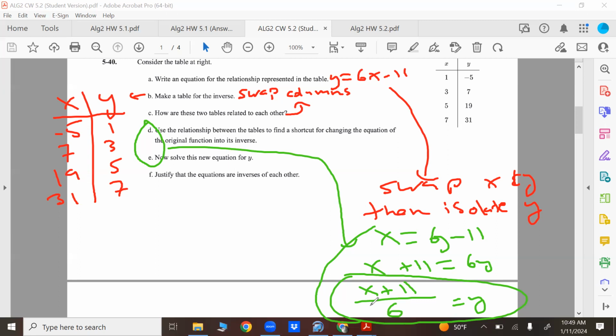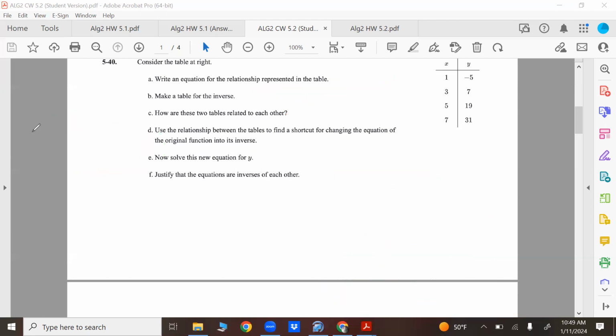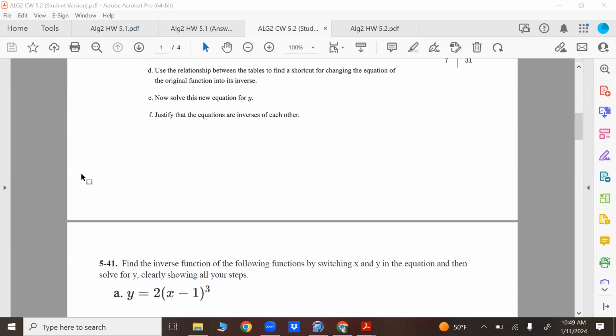Okay. And then justify that they're inverses of each other. The justification part, I'm going to show you a better way for justifying, but for now, to justify, you can do this. So what was the original again? The original was 6x minus 11, right? What was the inverse?